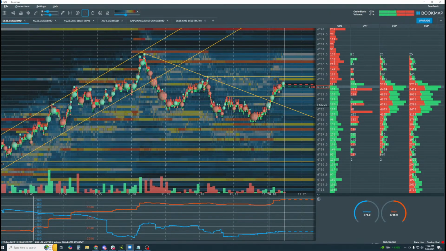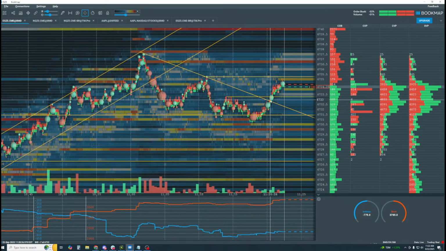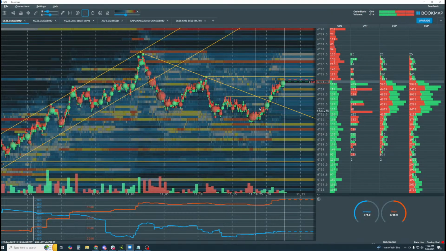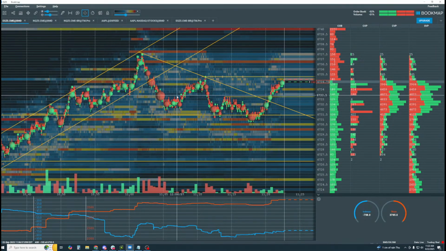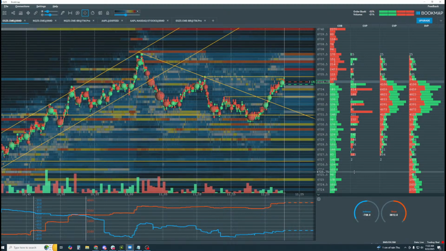And now we're getting aggressors come back in again, going with the trend. So it doesn't take a whole lot of passive liquidity in here to find those aggressors going with the bigger trend. Does that make sense? You guys with me?